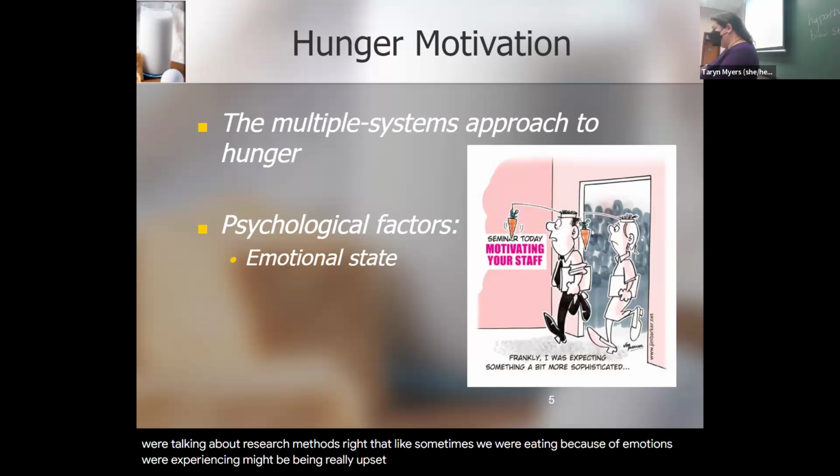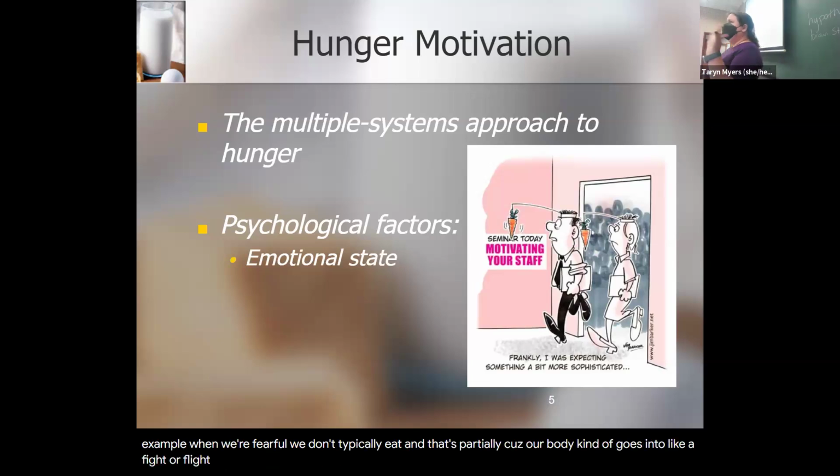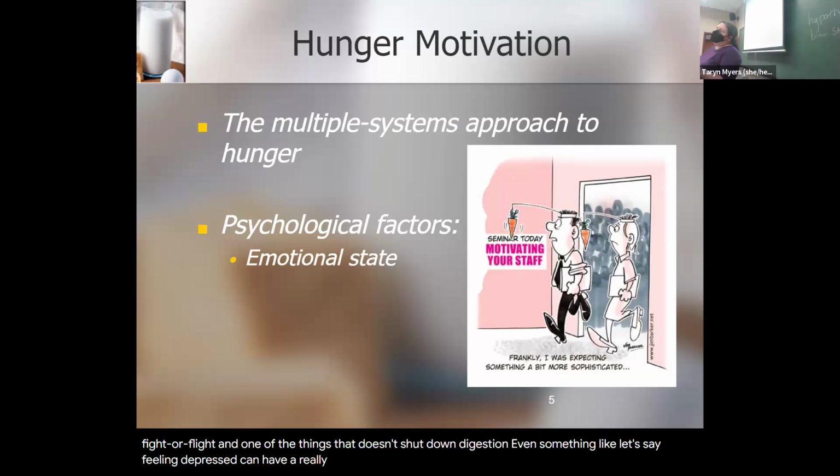But it depends on what type of upset. So for example, when we're fearful, we don't typically eat. That's partially because our body kind of goes into a fight or flight, and one of the things that does is shut down digestion. But even something like feeling depressed can have a really complex relationship with our behavior related to food.